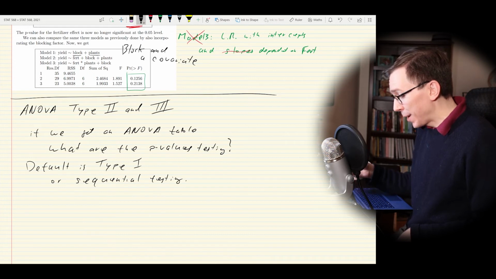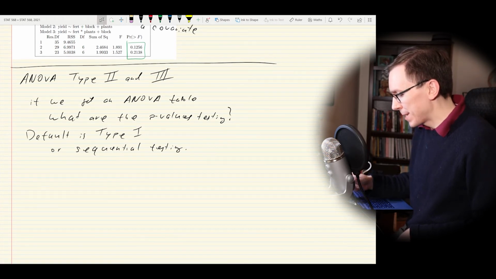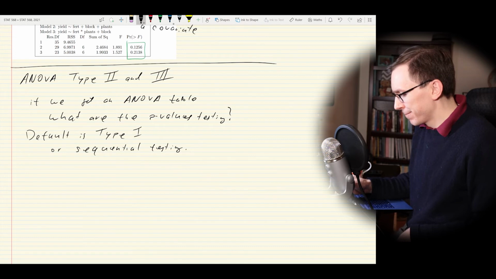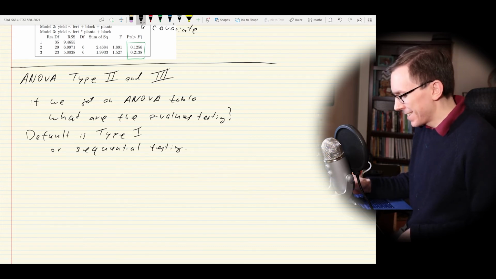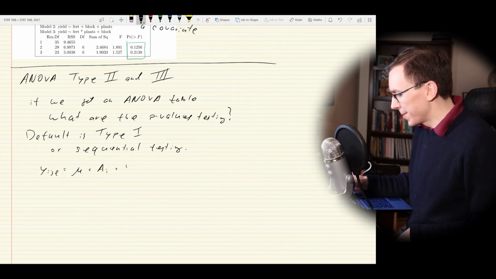And what I mean by sequential testing is, let's say we have something like, what's the easiest way to write this down? Why don't we try Y_ijl is going to be mu plus, I'm going to use A, B, and C here just because I want to be able to abuse the notation.